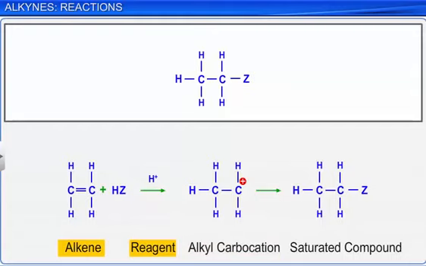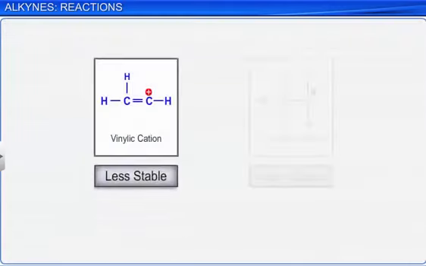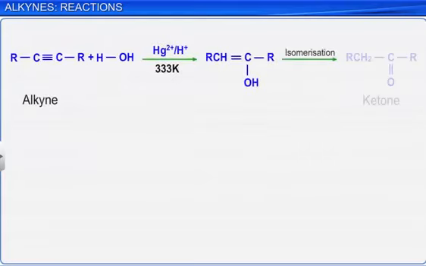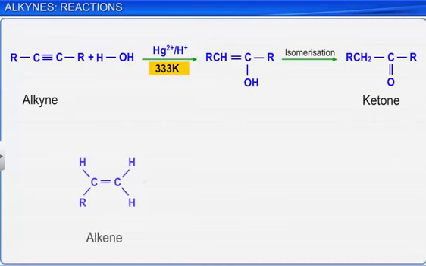As vinylic cation is less stable than alkyl carbocation, alkynes are less reactive towards the addition reactions than alkenes. Hence, the addition reactions of alkynes take place under drastic conditions when compared to the addition reactions of alkenes.